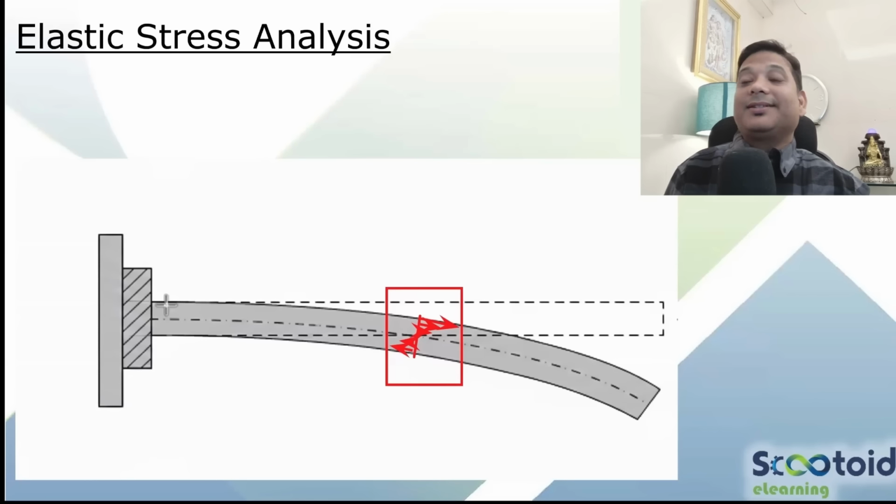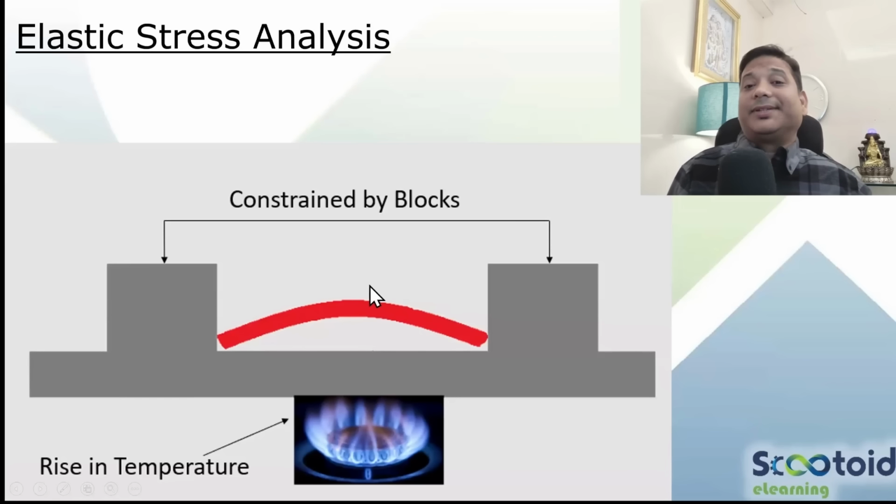That is the reason you don't bother unless it is reaching the extreme point. If it is reaching the yield limit and I go beyond, then it may start propagating from the extreme point where the stresses have reached yield. Similarly, the secondary stresses are self-limiting in nature.